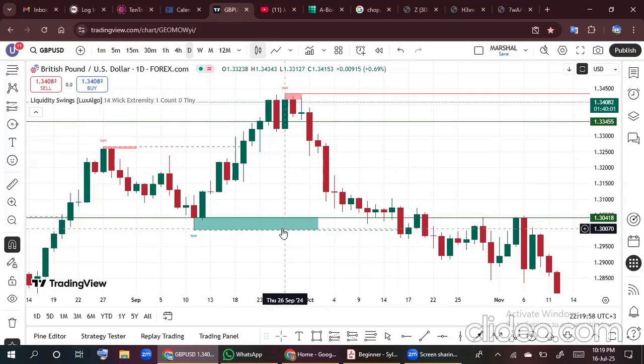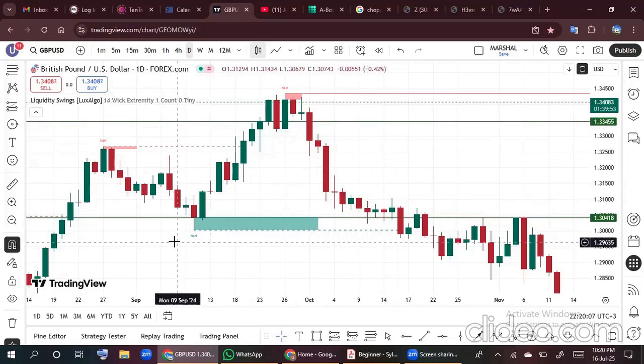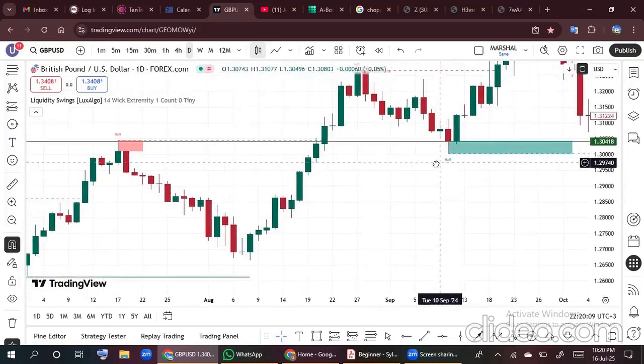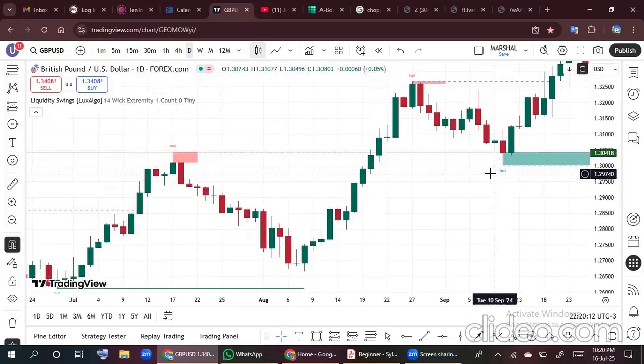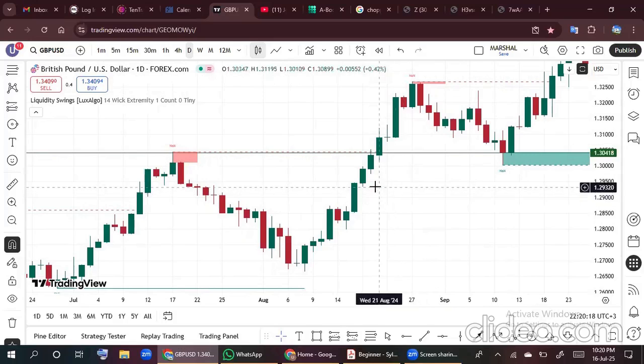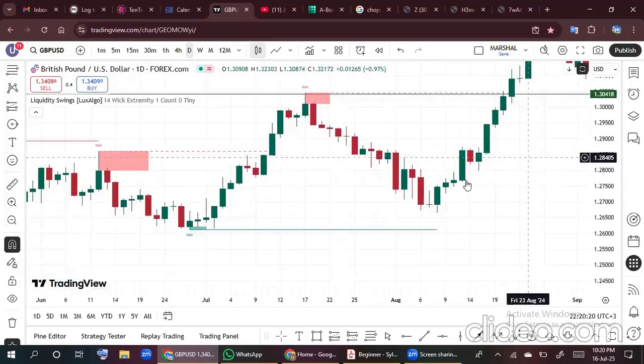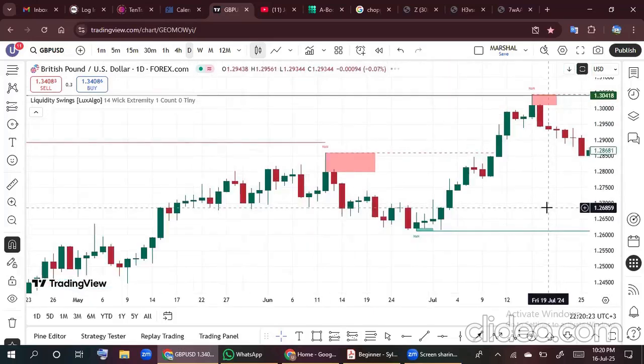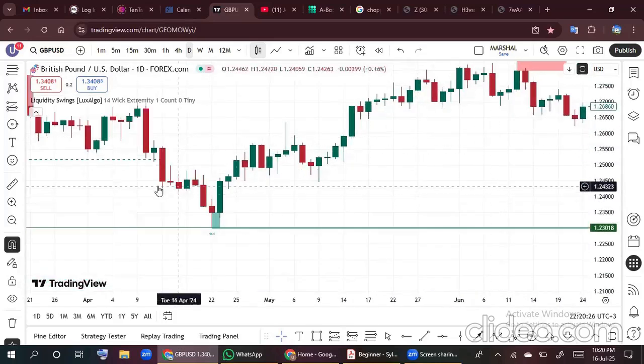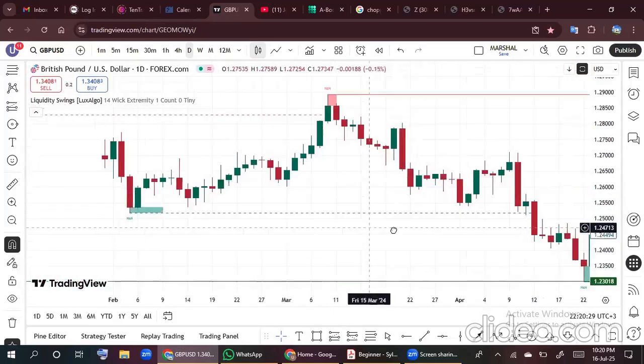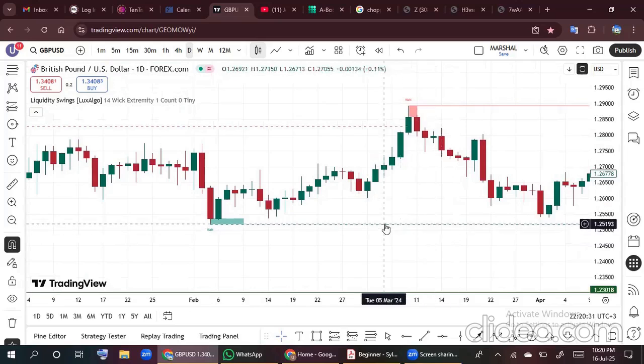So still on the bullish candlestick patterns, we have the three white soldiers. How can I find the three white soldiers here? So it's a pattern that forms three candlesticks. As we're talking about the bullish side, it will be three green candlesticks.